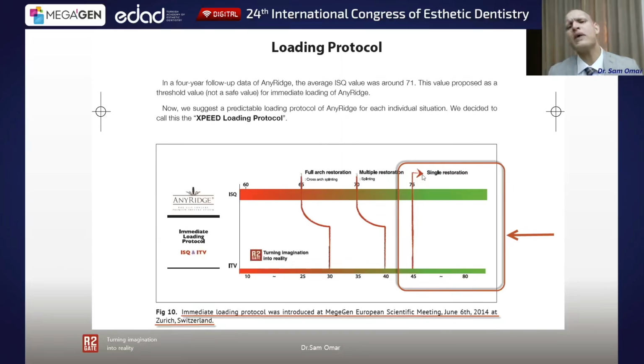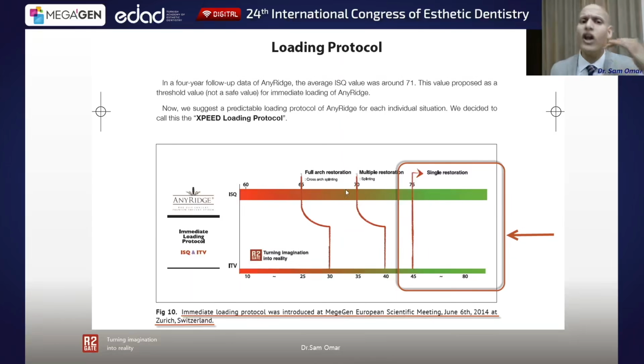If you look at the right side, you'll find that in order for us to place a single restoration and load it immediately, if we get 45 Newton centimeter and 75 ISQ, it is considered safe to load the implant. If we get 40 Newton centimeter and 70 ISQ, and we have a bridge that is splinted, we could place and load the bridge in the same day.